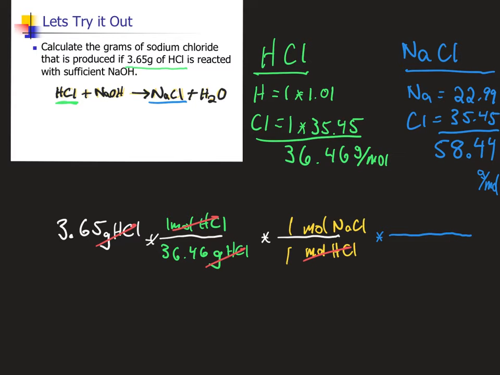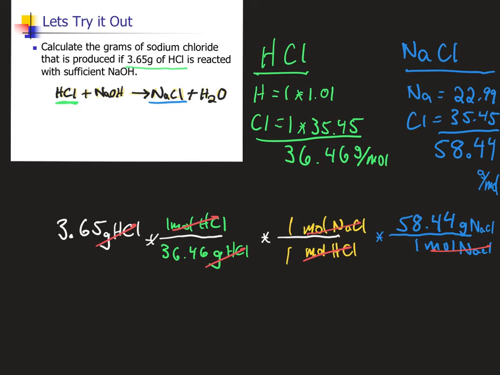To do that, I multiply, and my labels will cancel out. And my label is now ultimately what I want.